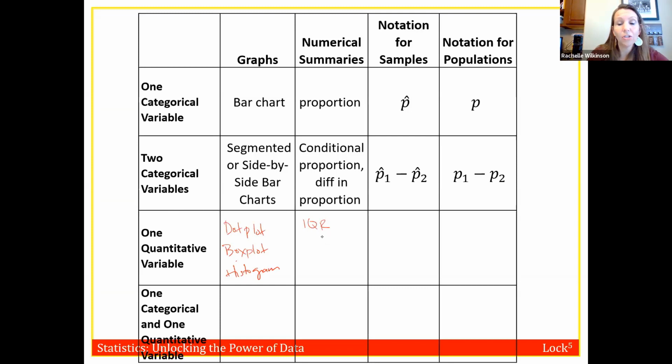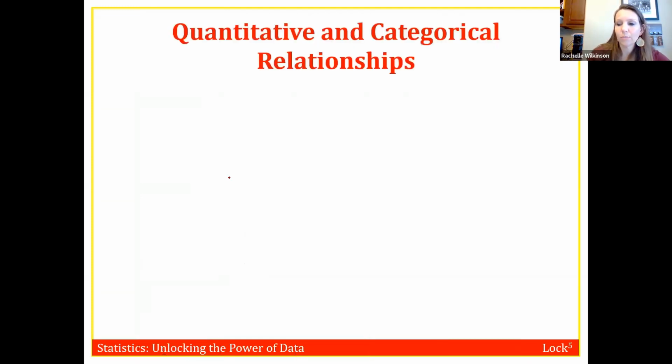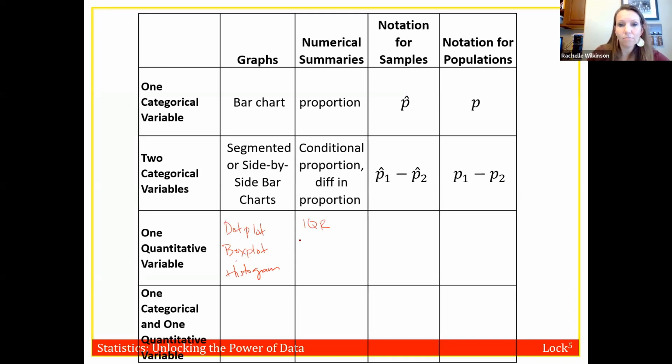Those are a lot of the measures of spread that we talked about. What about some measures of center? Yeah, we're going to have the mean, and then the median is part of the 5-number summary, but we often list it separately because we look specifically at that so much.